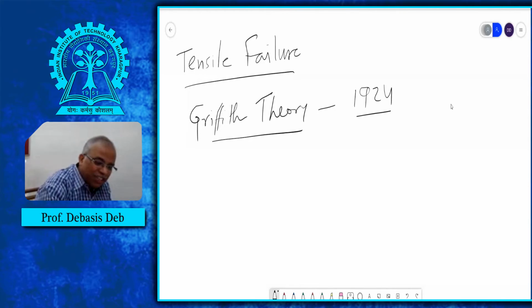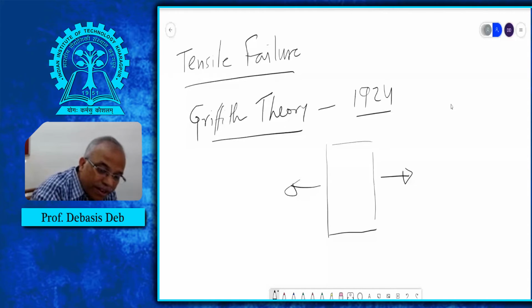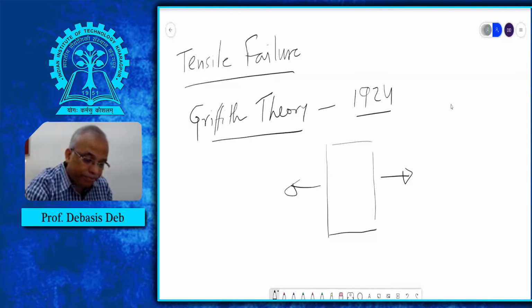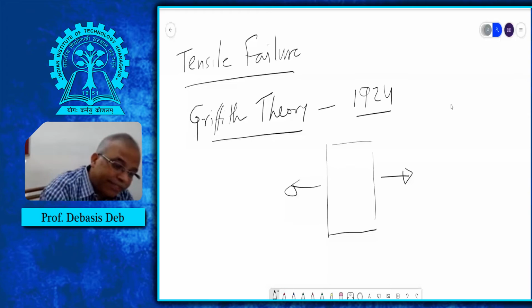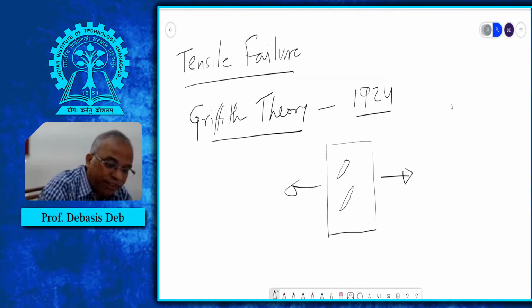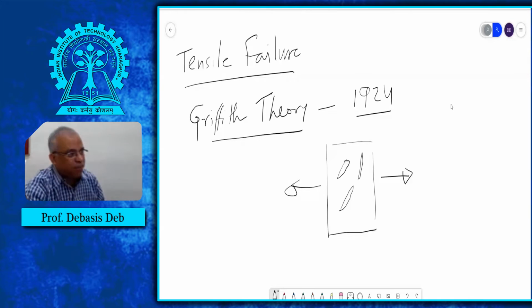What he said essentially, if there is a rock sample and we are, let's say, giving tensile load, and as I told you before, rock has a lot of flaws or defects, right? There are very micro scale, sometimes meso scale also.